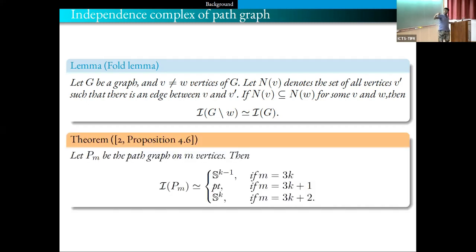So you can prove that the independence complex of Pm is either a sphere or a point.